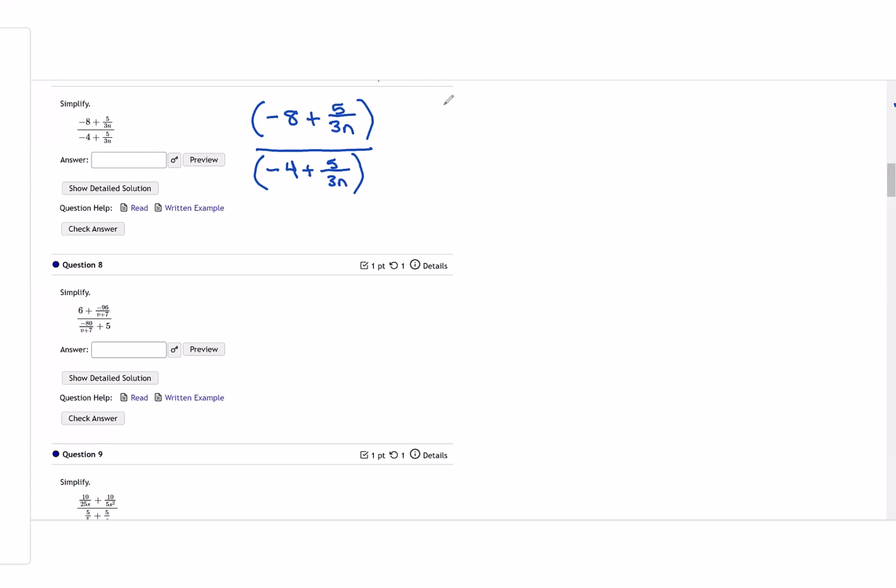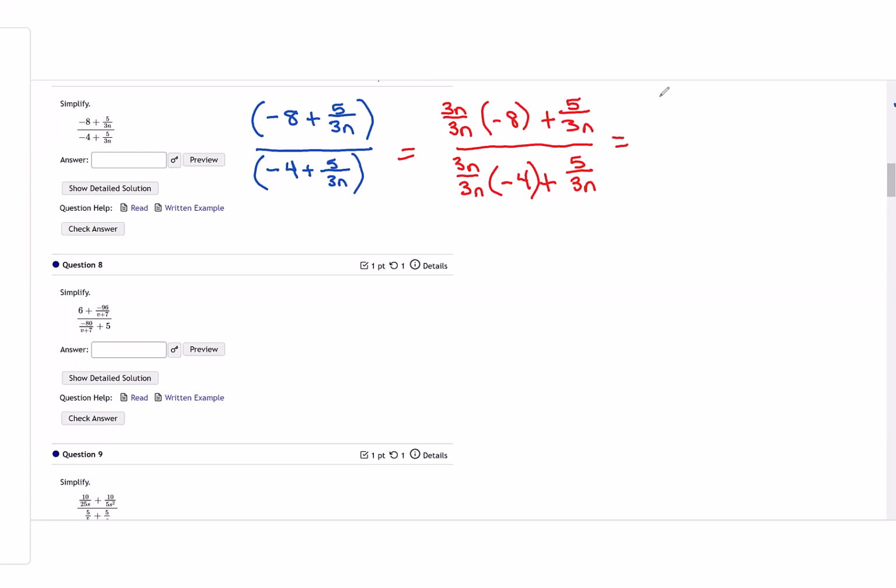What I'm going to do is multiply 3n over 3n times -8 plus 5 over 3n. In the denominator, same. I have a common denominator of 3n, so I'll multiply by 3n over 3n times -4 plus 5 over 3n. Now I cannot cancel those 5 over 3n's, even though it's tempting, right?